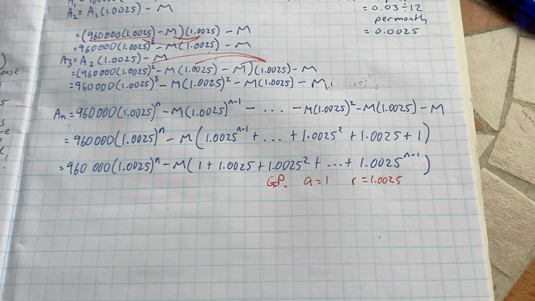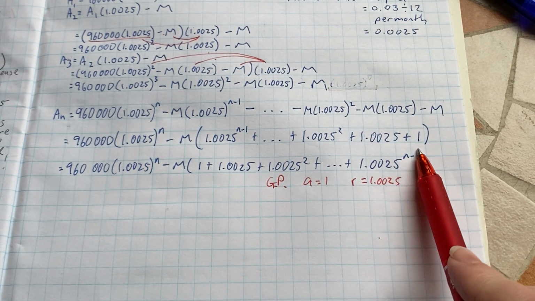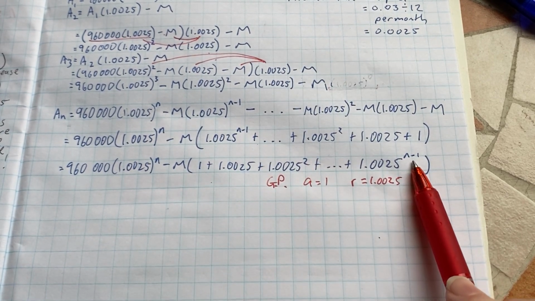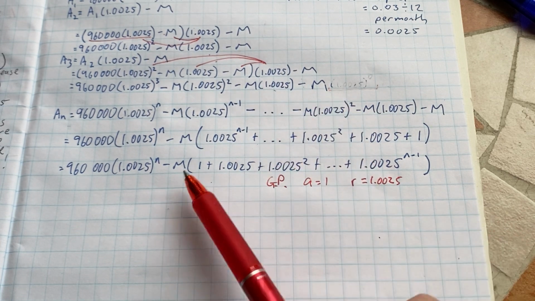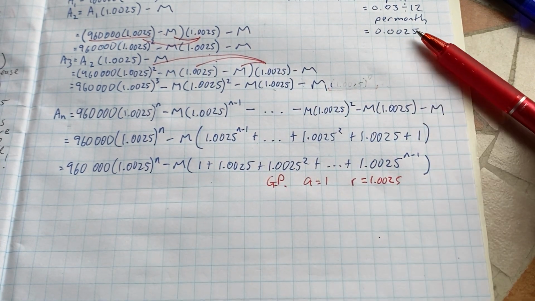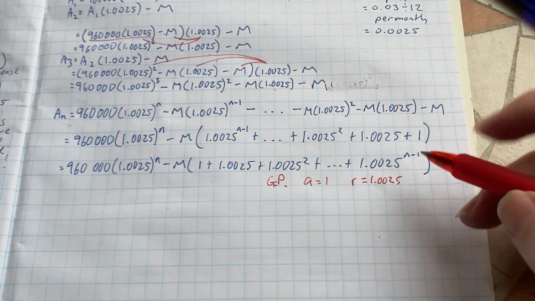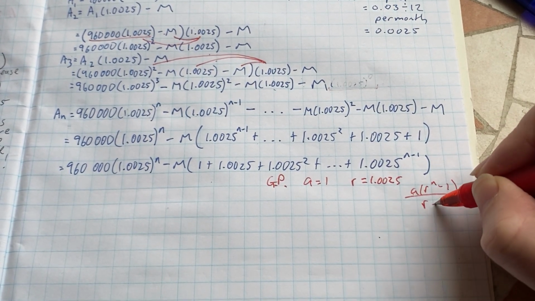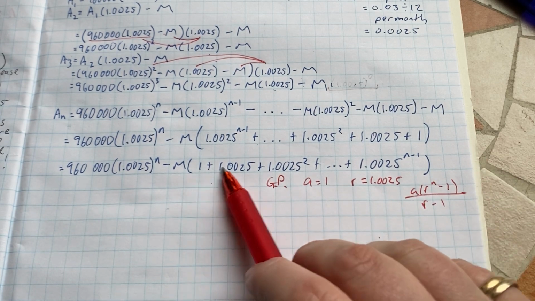And at this point the number of terms is n. There are n terms, that's n minus 1, but don't forget this one, 0, 1, 2. Altogether there are n. Just like there were 3 here, there are n there. So now we can use our formula a(r to the n minus 1) over r minus 1. We can use that for that bracket.